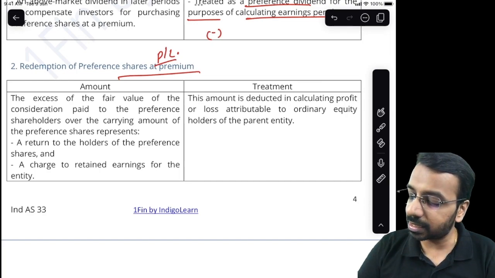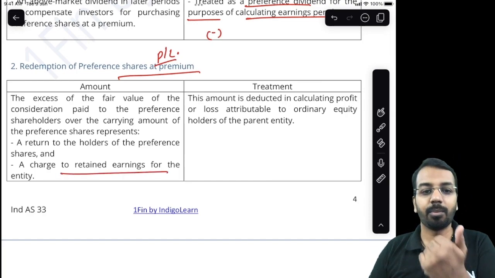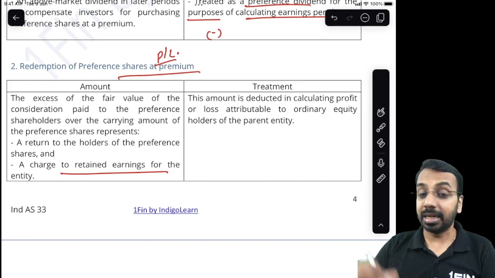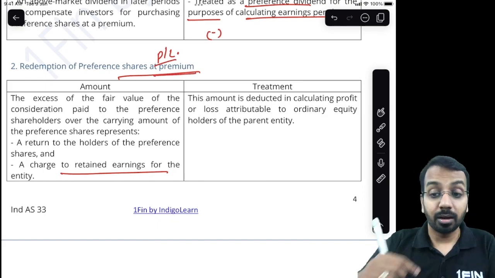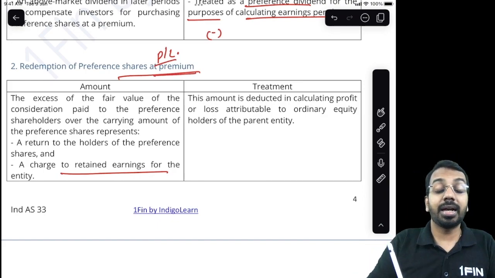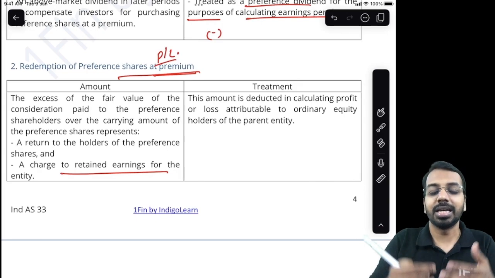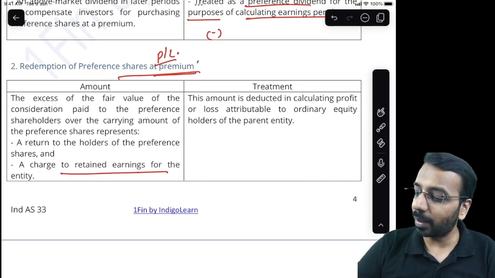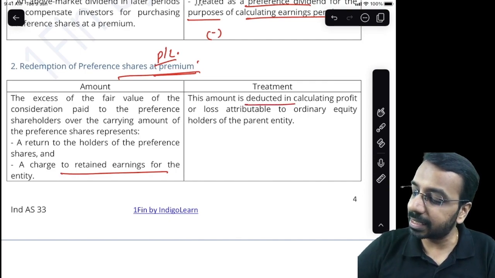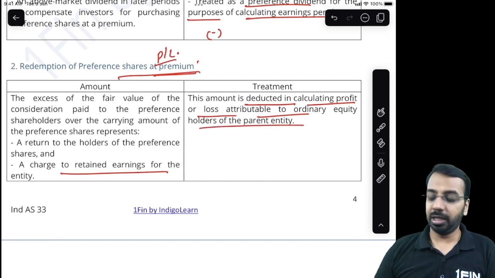But if the premium part, when it is redeemed, is taken to retained earnings, then whatever premium I am paying extra to my preference shareholders is nothing but something like dividend paid, and it is deducted in calculating profit or loss attributable to ordinary equity holders.